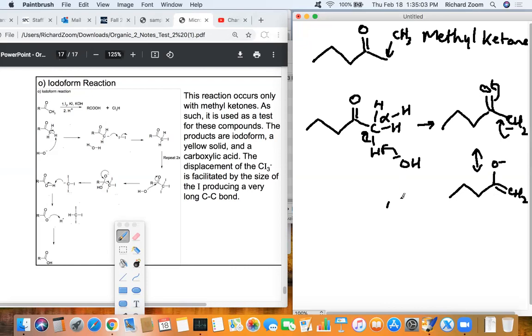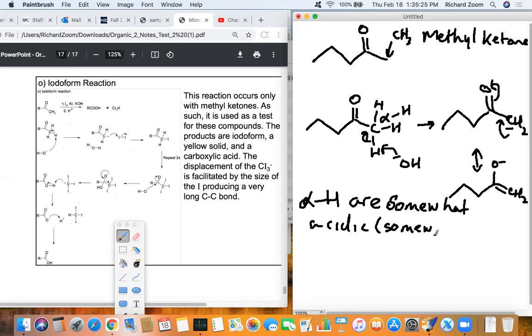So what we know is that alpha hydrogens are somewhat acidic. They are, because there is a somewhat stable anion formed.